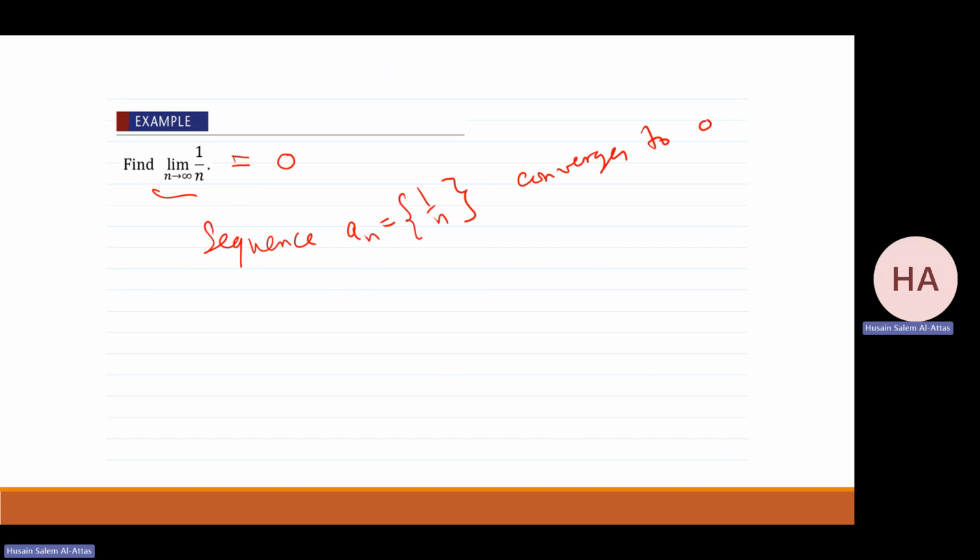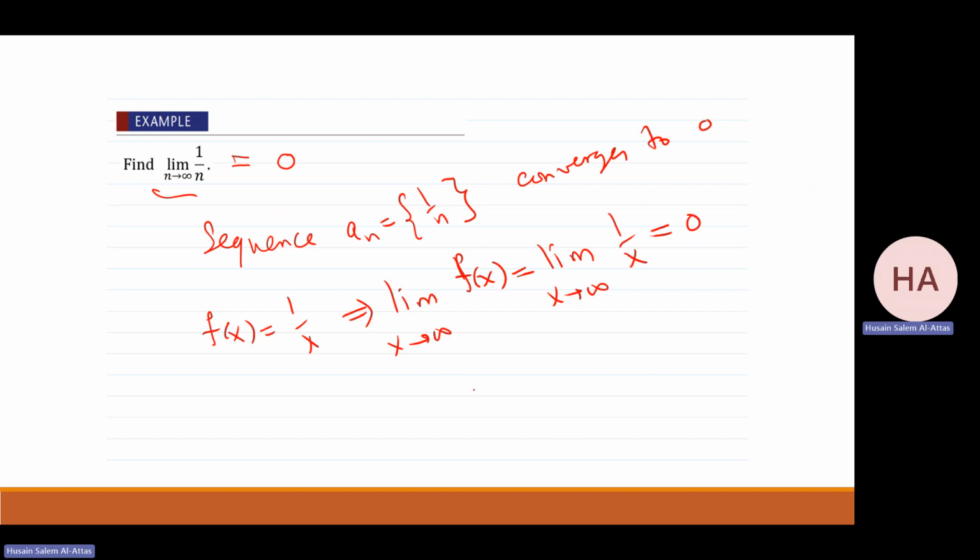This one, how to find the limit, is the same degree. You can deal with it this way. You can say f of x equals x over x plus 1. Actually, I also need to do this here. I have f of x is 1 over x. So it will be the limit as x goes to infinity of f of x, and the limit as x goes to infinity of 1 over x is 0.